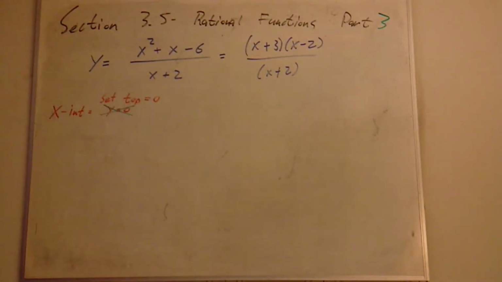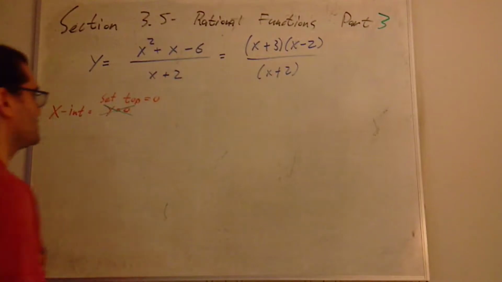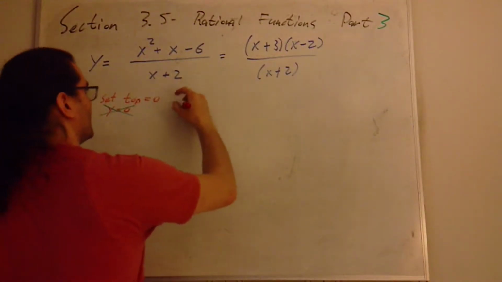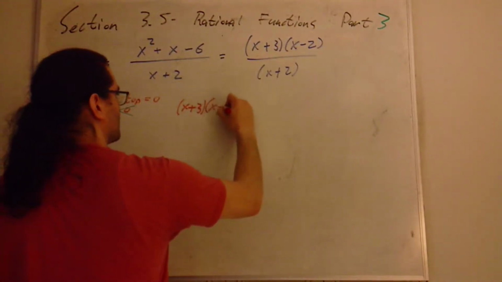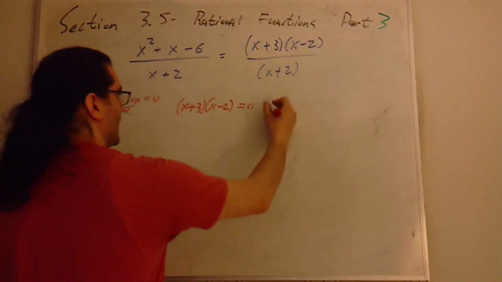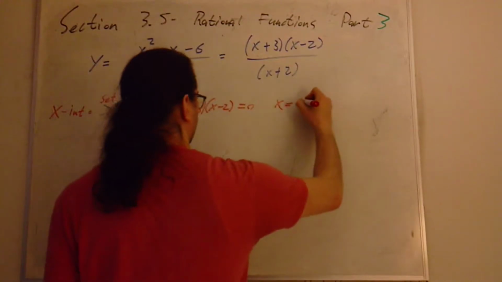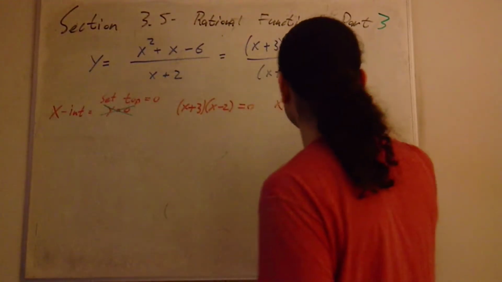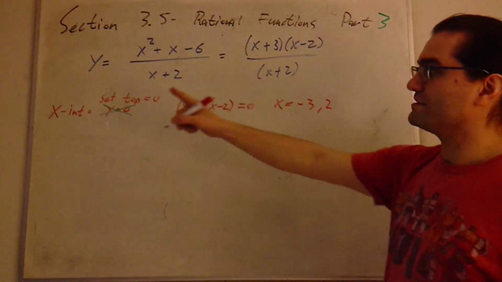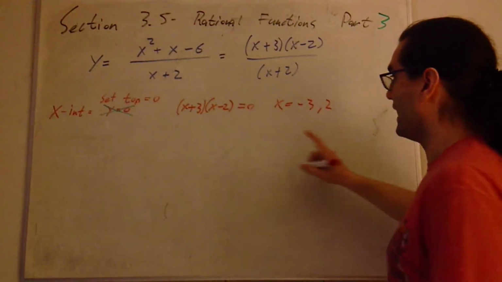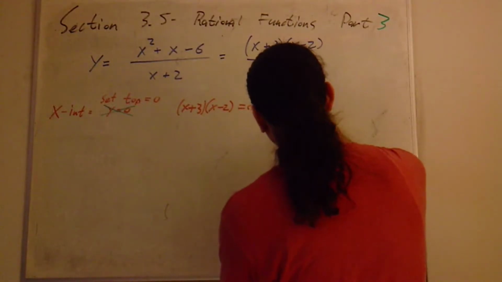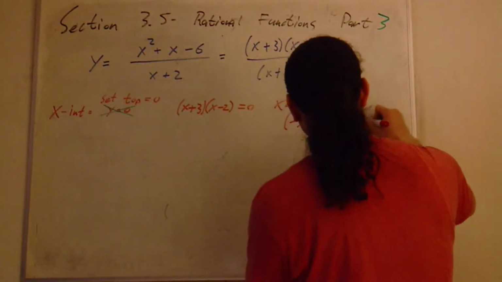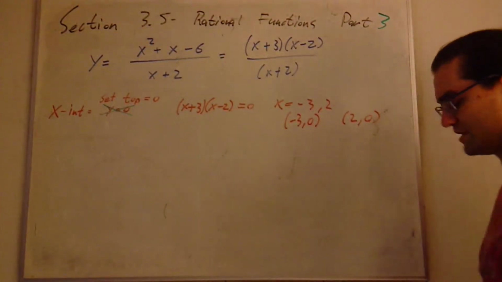It's going to save us a bit of time. And so if we set the top equal to 0, we have x plus 3 and x minus 2 equals 0, and we get that x is negative 3 and positive 2. These are intercepts. They are not asymptotes, so I'm going to write them as points. Negative 3, 0, and 2, 0. These are my x-intercepts.